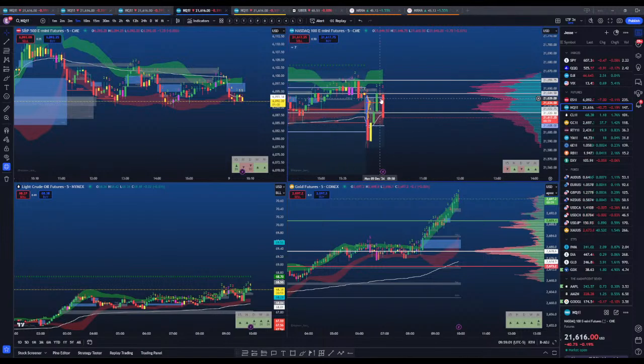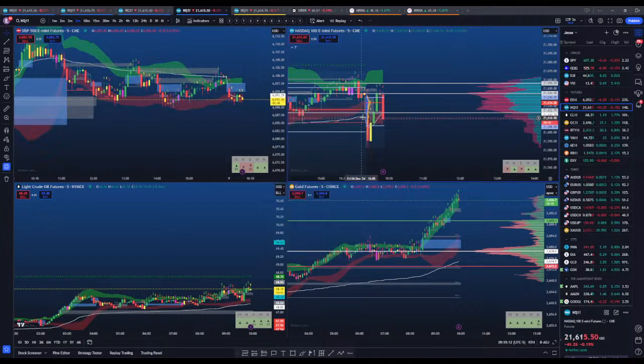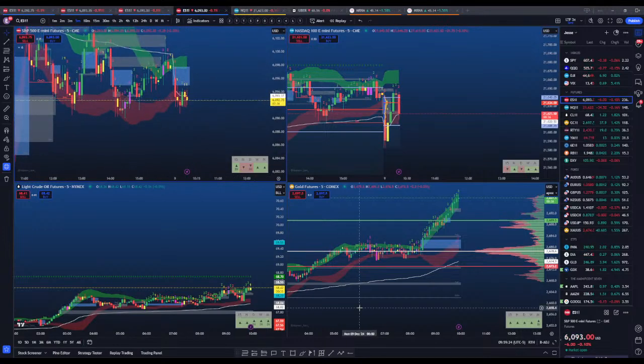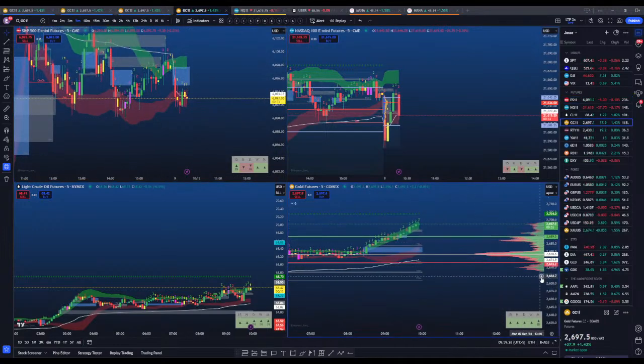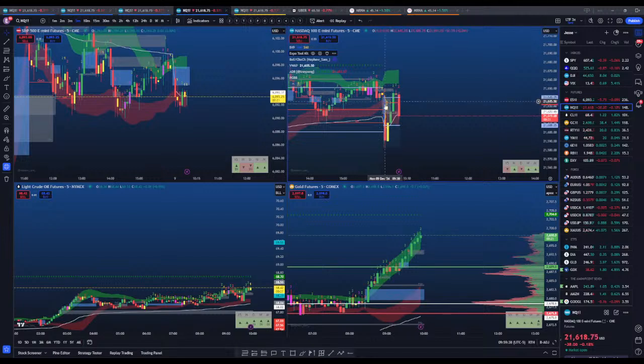I just don't want to see it, like right now, it's overlapping my first 5-minute candle. What's the name of that indicator? The one that I want is session volume profile, so SVP.